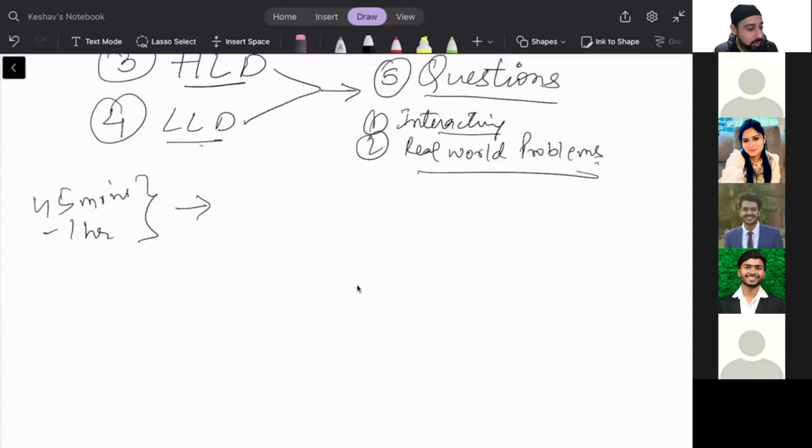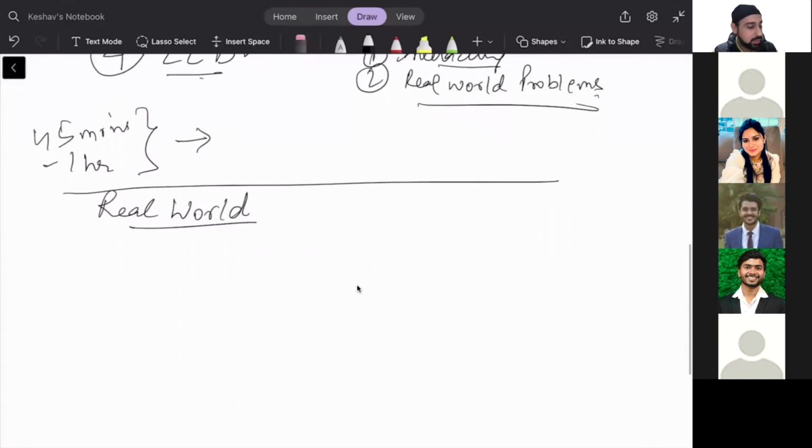But in the real world, where you have to solve challenges, there are a lot of other things that you have to take into consideration.